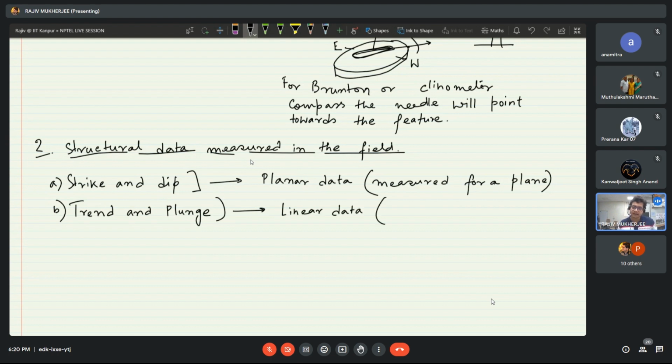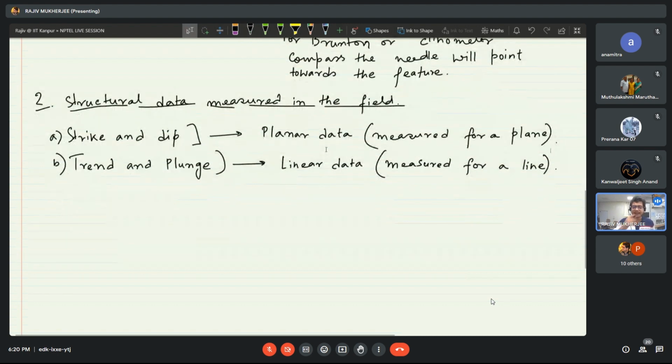That means they are measured for a line. Okay. So strike and dip are planar data, and trend and plunge are linear data.